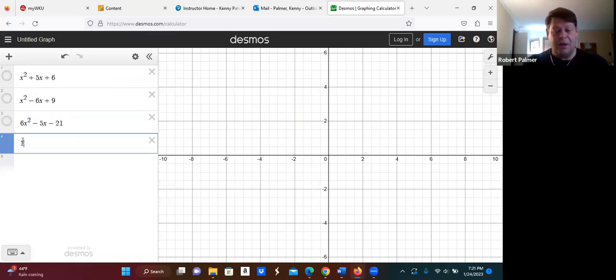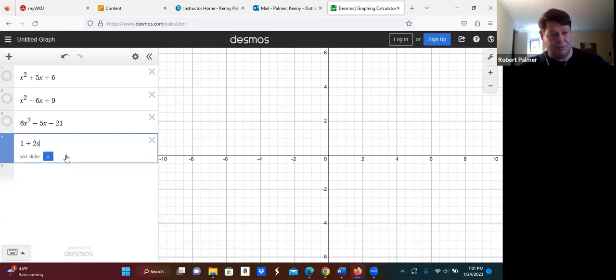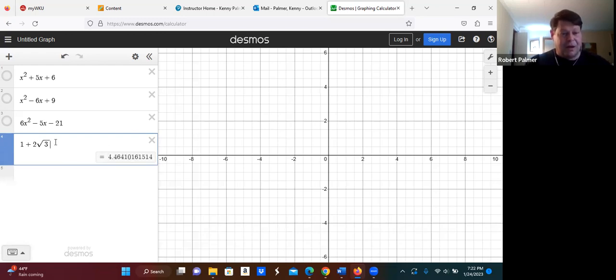So if I do 1 plus 2, then to get a square root, I can either find it here on the keyboard. There are several functions, but it's square root right here. Or I can also just simply type in SQRT, lowercase. If I type that in, that gives me an approximation for that. Now let's actually copy this, and I'll just change it slightly below.